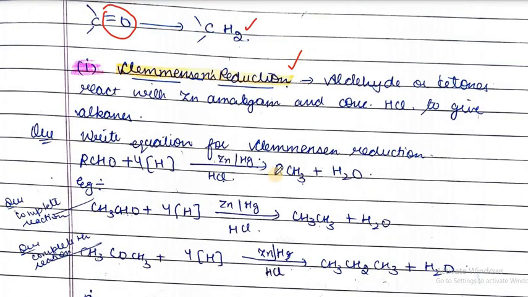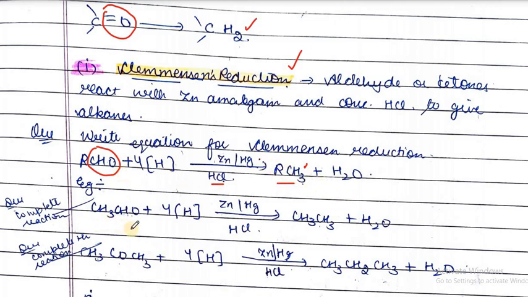In Clemmensen reduction, aldehydes or ketones are treated with zinc amalgam in the presence of concentrated HCl, which provides nascent hydrogen, and the C=O gives CH2. So an alkane is formed, that is, the aldehyde or ketone is reduced to hydrocarbon.